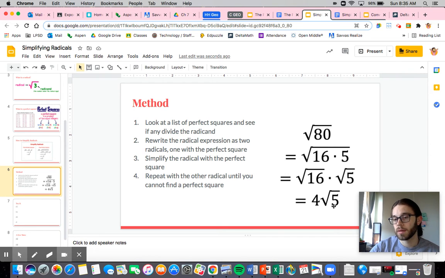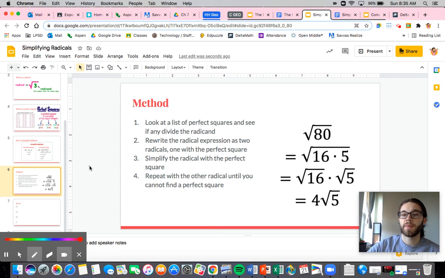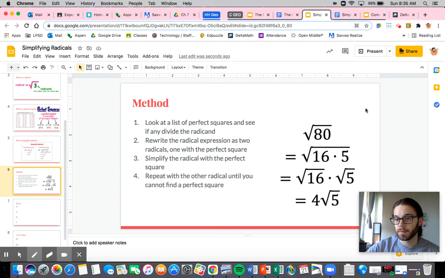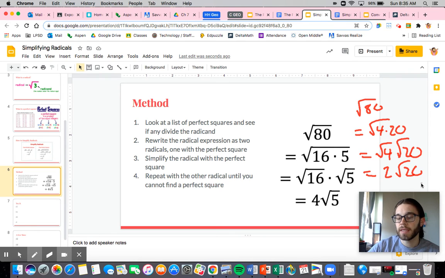And then you would repeat. So what do I mean by repeating? Repeating would be if you had taken the route with the 20, okay? So if I had done this, I would look at this and try again with my chart and see if any of my perfect squares would divide 20. 4 will, so I could do it again, right? 2 root 4, root 5, right?